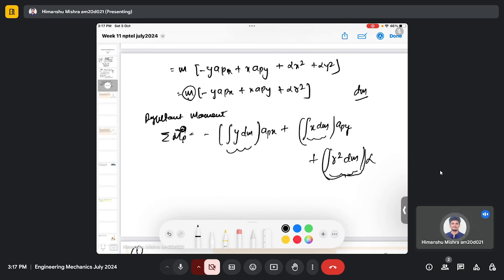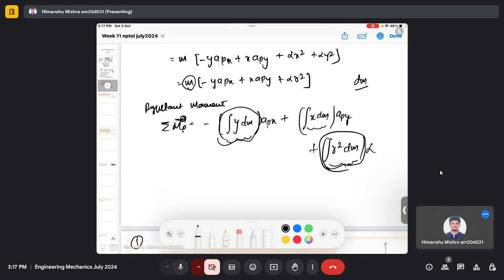So this quantity is the moment of inertia, whereas this is the location of the center of mass or center of gravity. In case both are coinciding, this will be y bar m apx plus x bar m apy plus, and this quantity is the moment of inertia, because in mechanics the second order quantity is referred to as the moment of inertia, so it is Ip alpha.